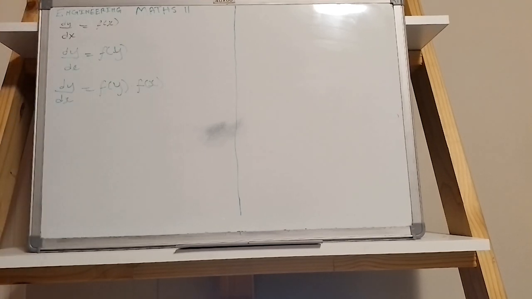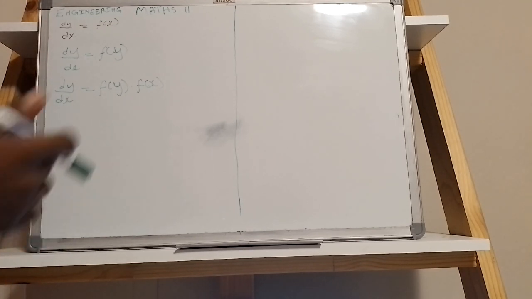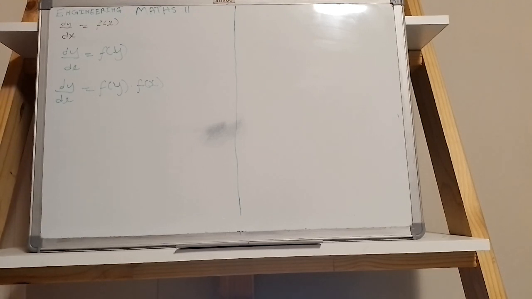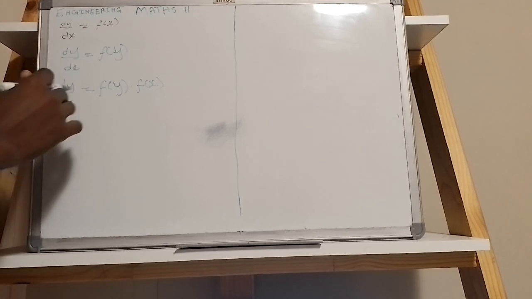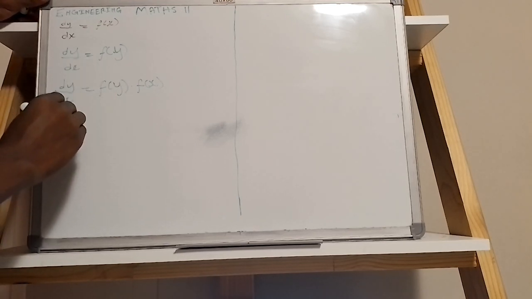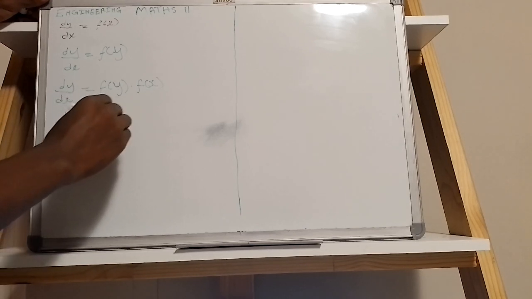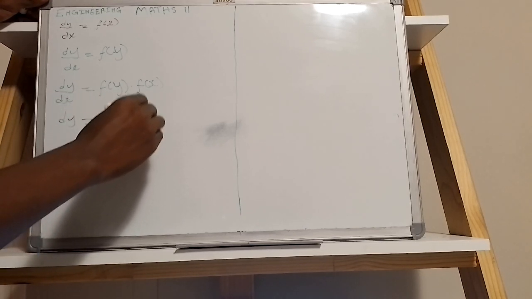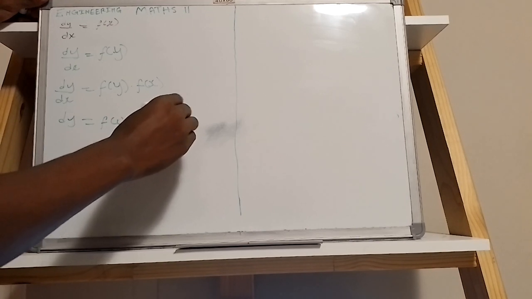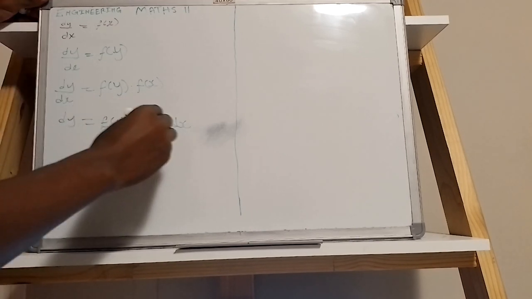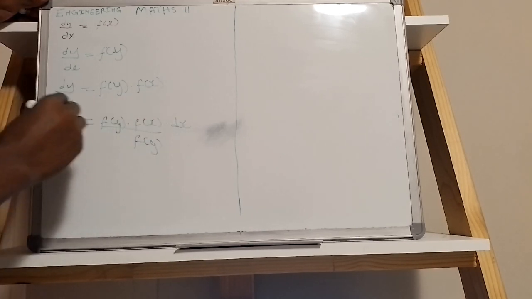If you have something like this and they say this is a first order differential equation, you need to separate the variables. To separate the variables, I'm just going to cross multiply and have dy equal to f of y multiplied by f of x multiplied by dx, and then divide by f of y.